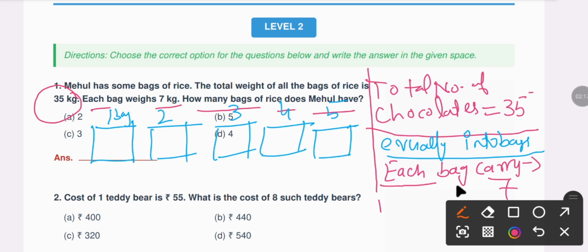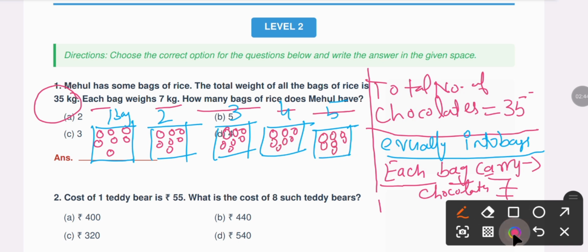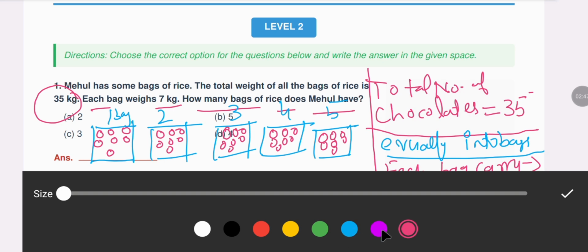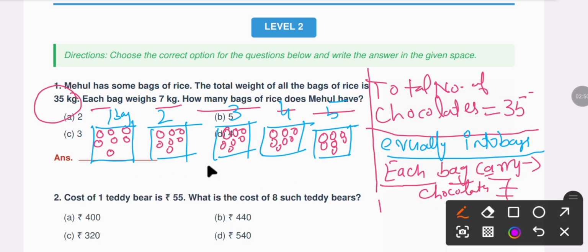Here I have already written each bag carries 7 chocolates. Now 1, 2, 3, 4, 5, 6, 7 in each bag. So each bag carries 7 chocolates.